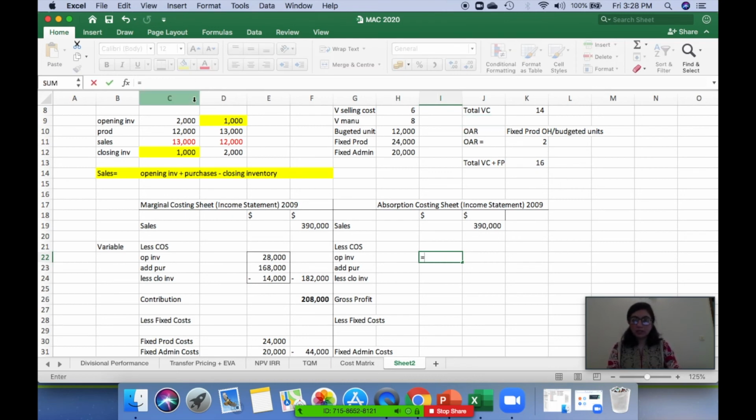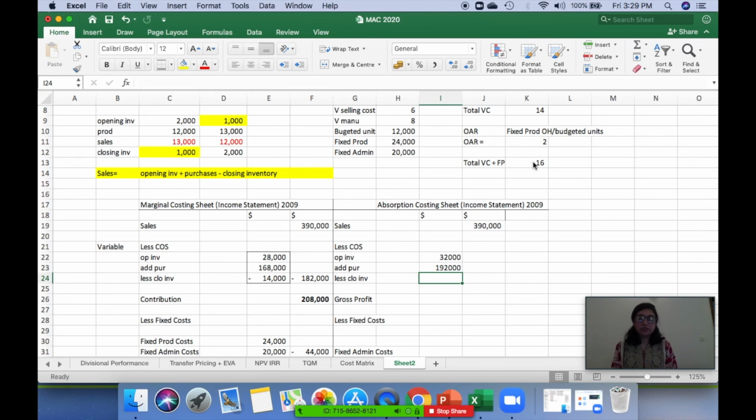So my opening inventory will now be 2000 into 16, not 14 anymore. My production will again be into 16, and as my opening inventory and my production are increased by the amount of fixed production overheads, my closing inventory will also have increased.